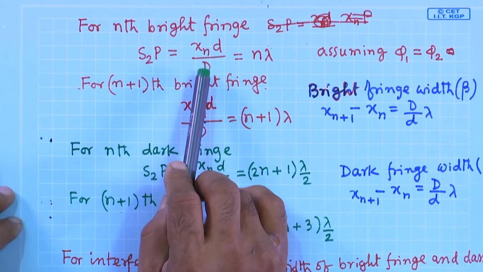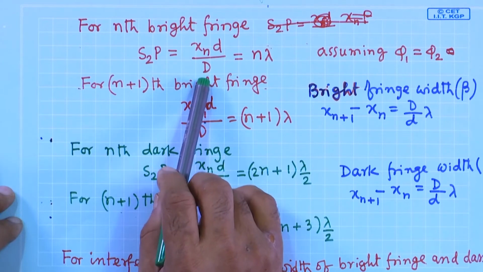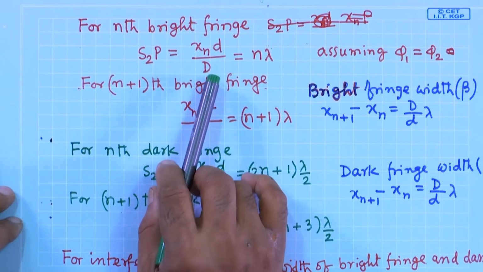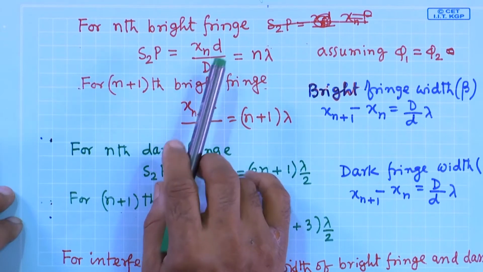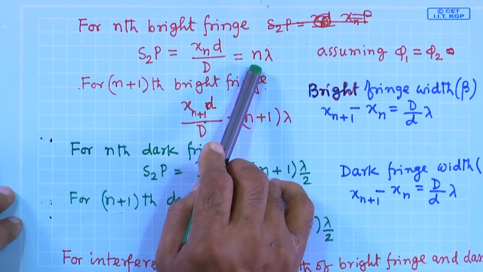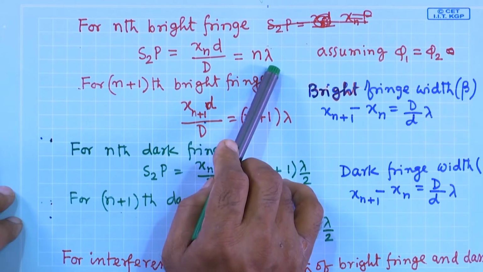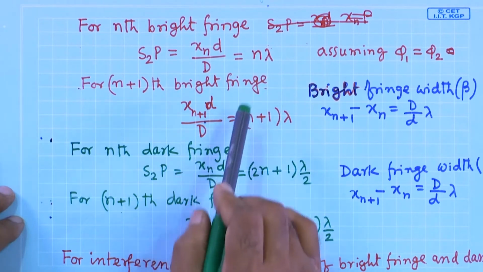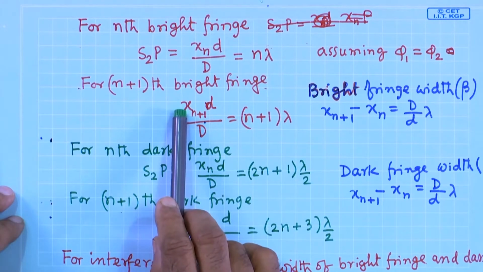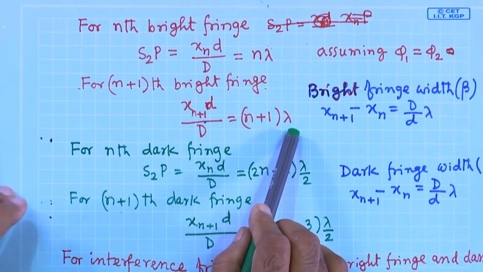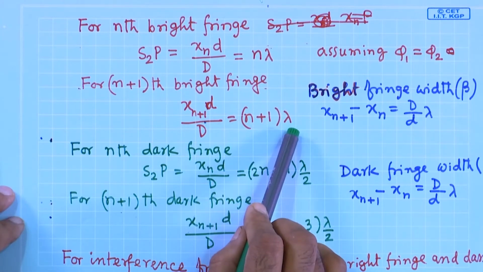So n minus 1, n minus 2, n minus 3, etc. you can get from this relation. When it is nth, the path difference will be n lambda. Okay. For the n plus 1 bright fringe, it will be at distance x n plus 1, when the path difference will be n plus 1 lambda.